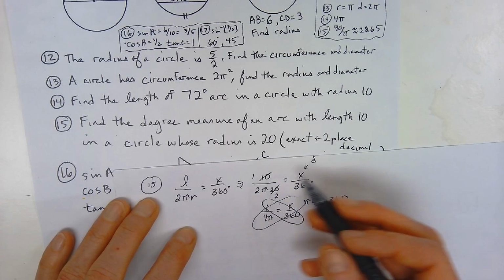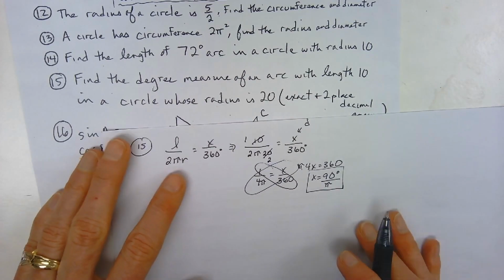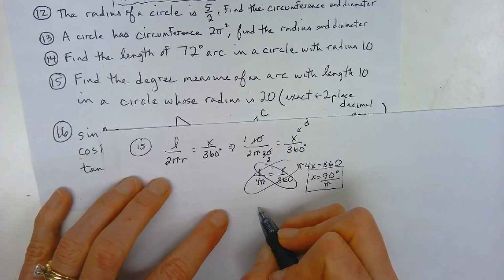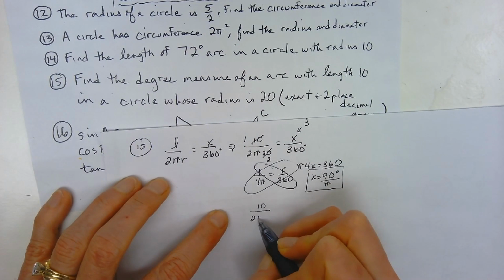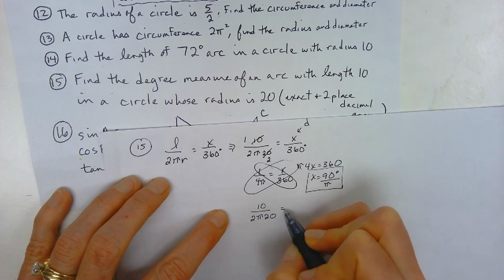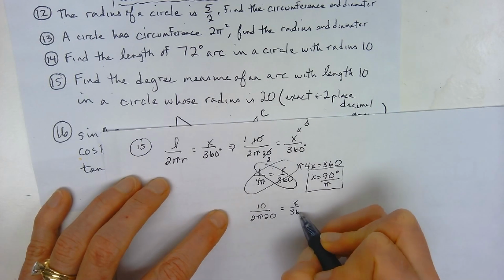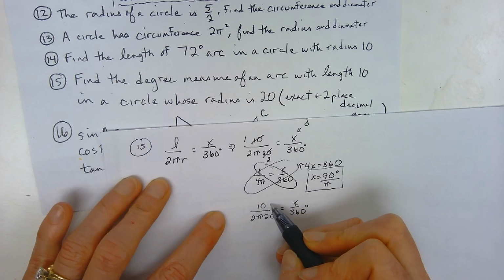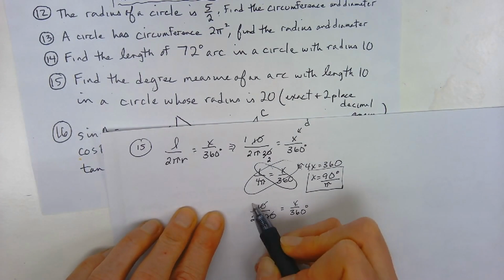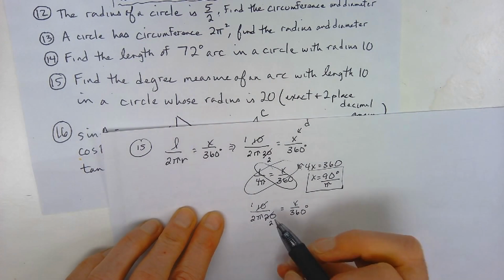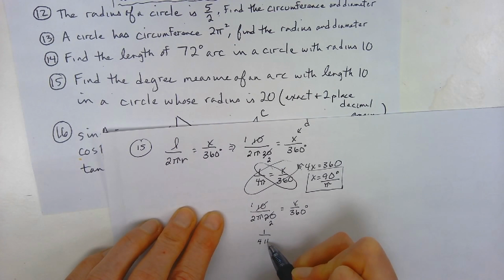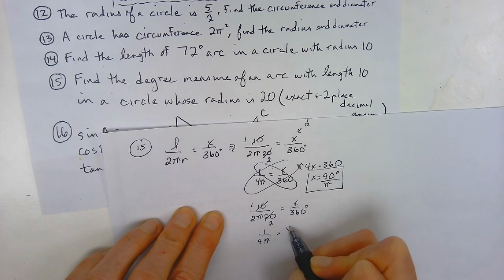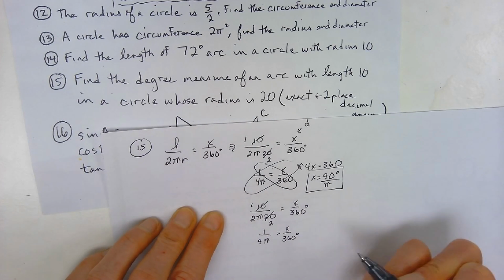I'm going to redo that just to show you, since I don't know how to edit yet. So I have 10 over 2 pi times 20 equals x over 360. And so when I simplified, that became 1, that became 2, and I have 1 over 4 pi equals x over 360. So I apologize for that.